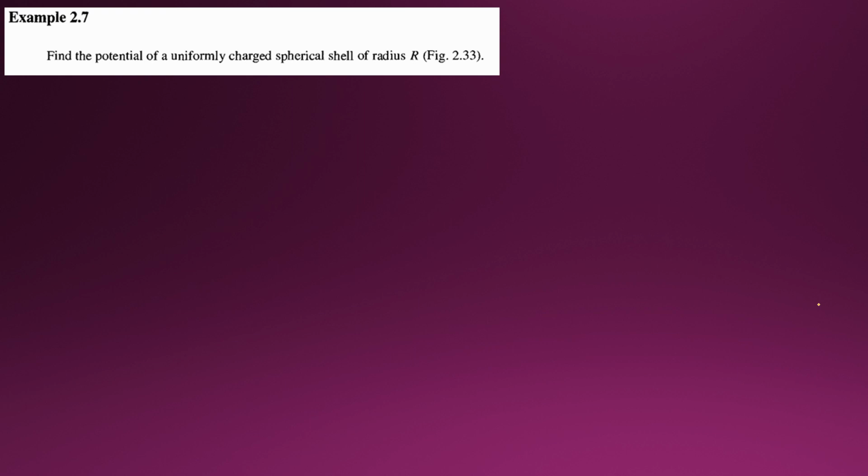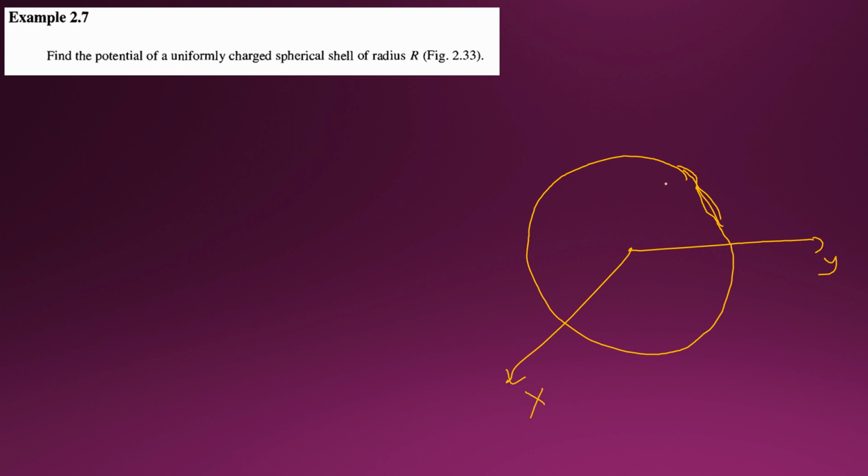I'll do the diagram for you. So you can see the y-axis, x-axis, z-axis. Here we take an element of this sphere.